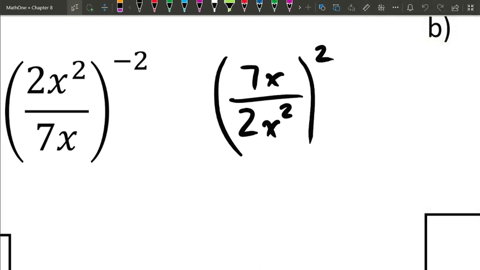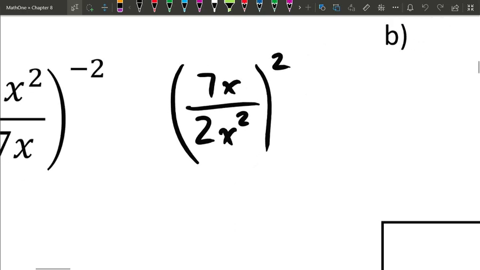So that's really a nice way of getting rid of negative exponents. If you have a fraction raised to a negative power, you can do this. Now, this numerator and denominator, I can simplify before I square. I can see that I have a factor of x in the bottom, and I have 2 factors of x in the numerator.